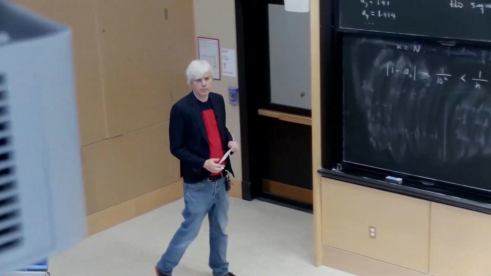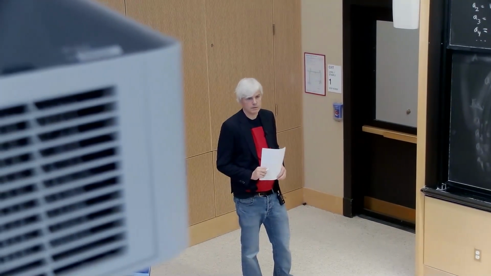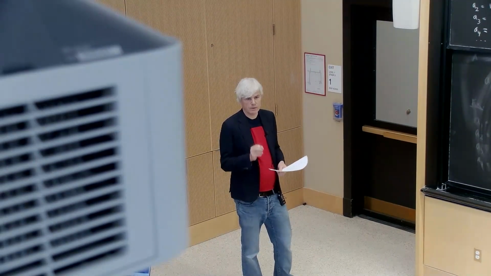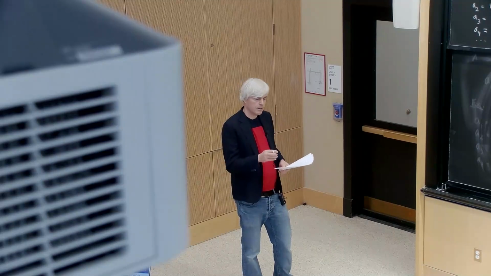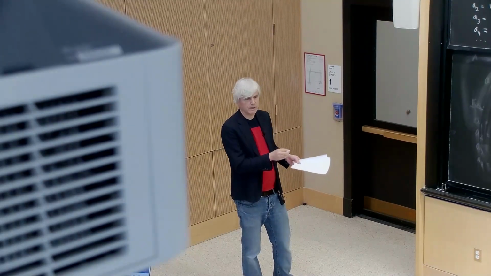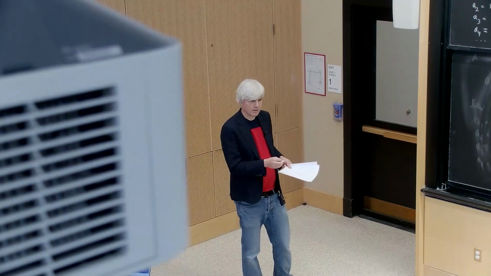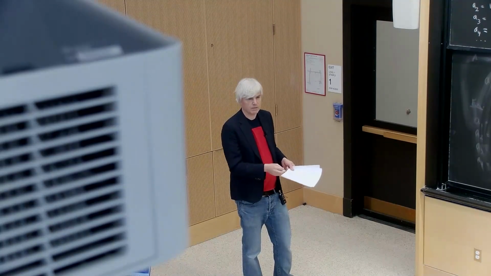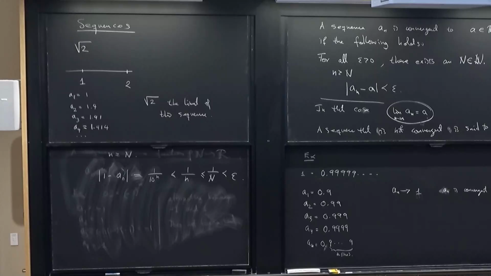And that's what we needed to prove. So for your given epsilon, I specify a capital N, and then we prove that if little n is bigger than that capital N, then we come within epsilon of the limit.